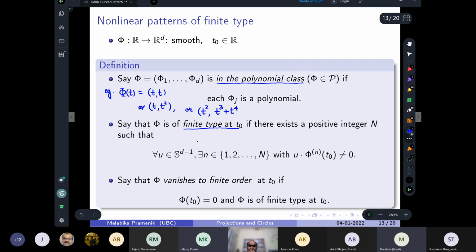So these are all examples of functions in the polynomial class. Among these, t comma t square is of finite type. This one is not.